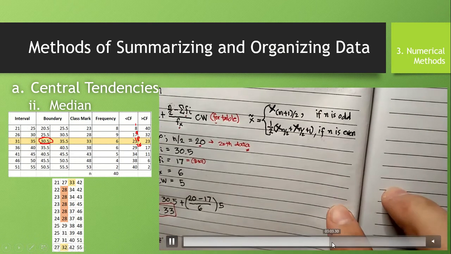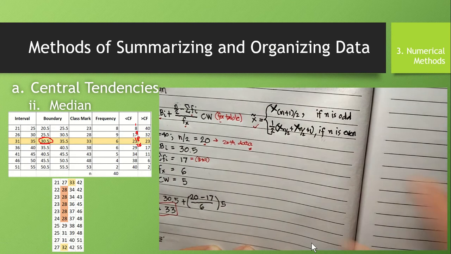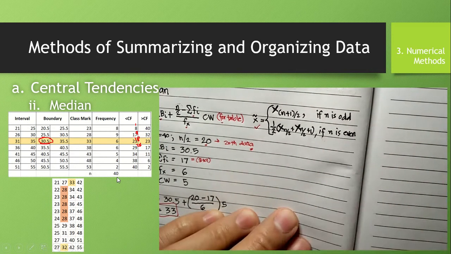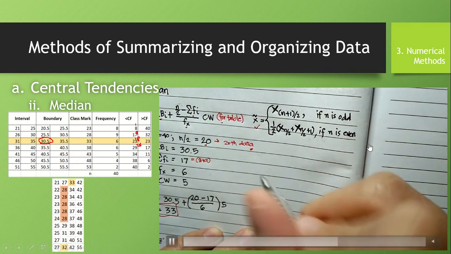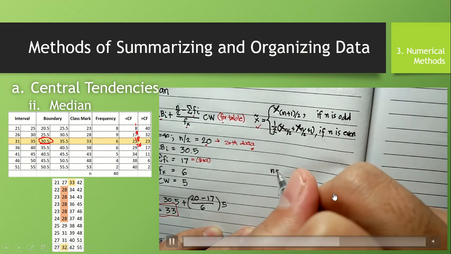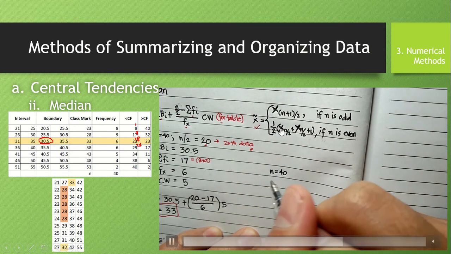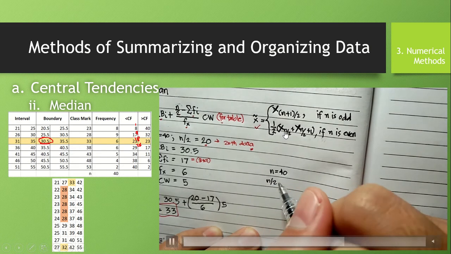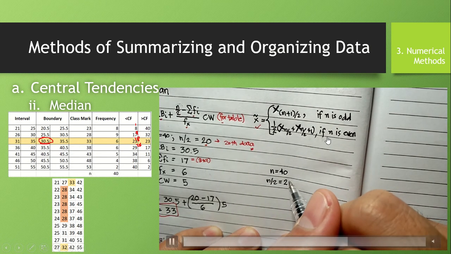Now let's try to solve the median for the ungrouped data. Take note that our n is 40, which means our n is even. So we'll have to get the x sub n over 2 and the x sub n over 2 plus 1.